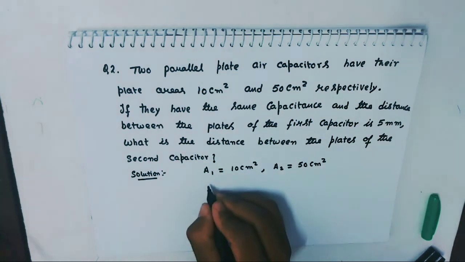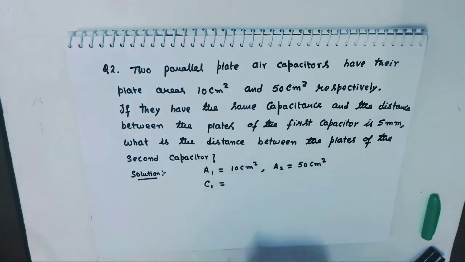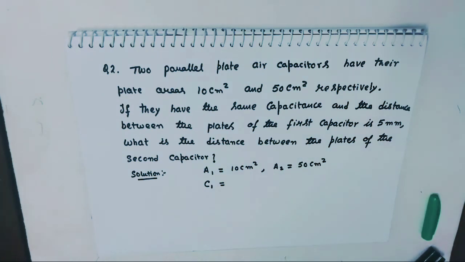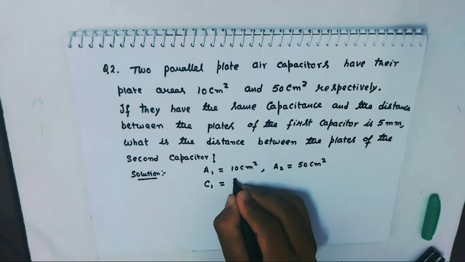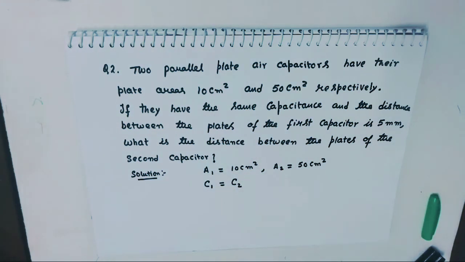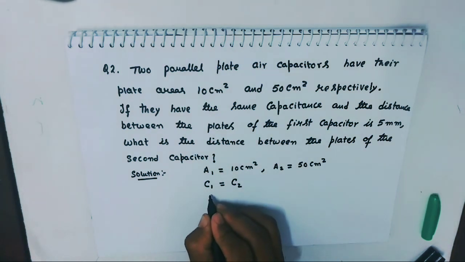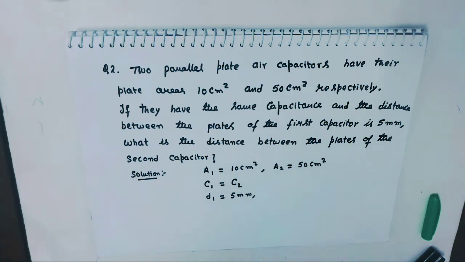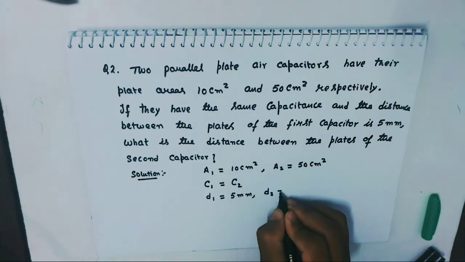That is, capacitance of one capacitor is C1, and the other is C2, but they are equal. Say let C1 equal C2. It's also given that the distance between the plates of the first capacitor, D1, is 5 mm. The question says, calculate the distance between the plates of the second capacitor. So that is D2.